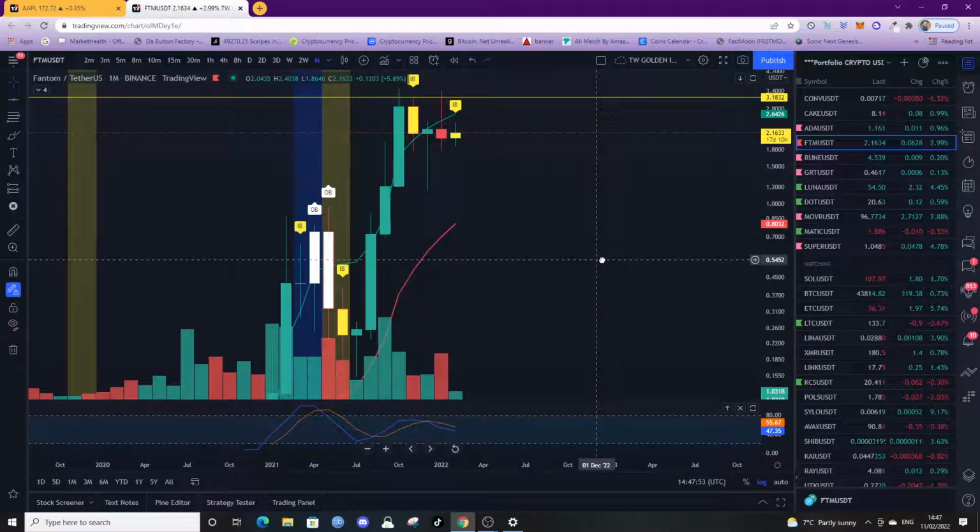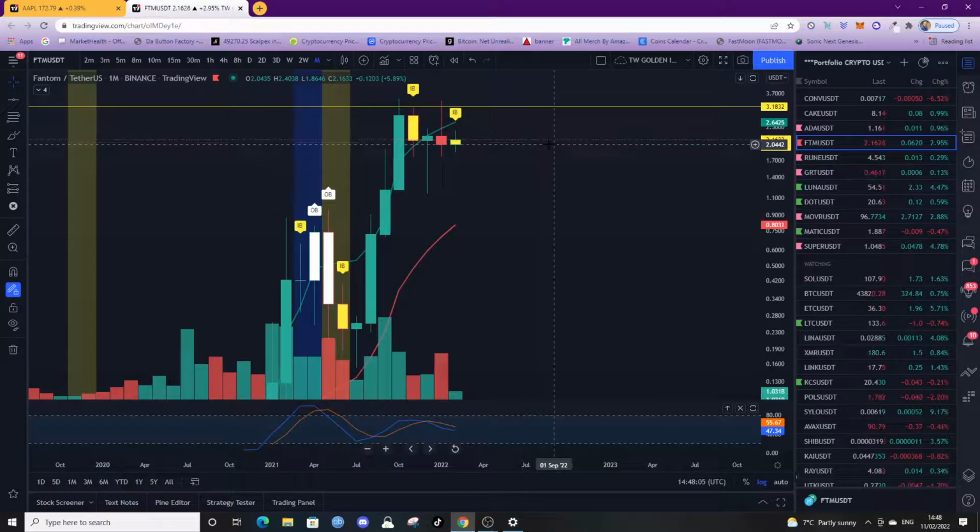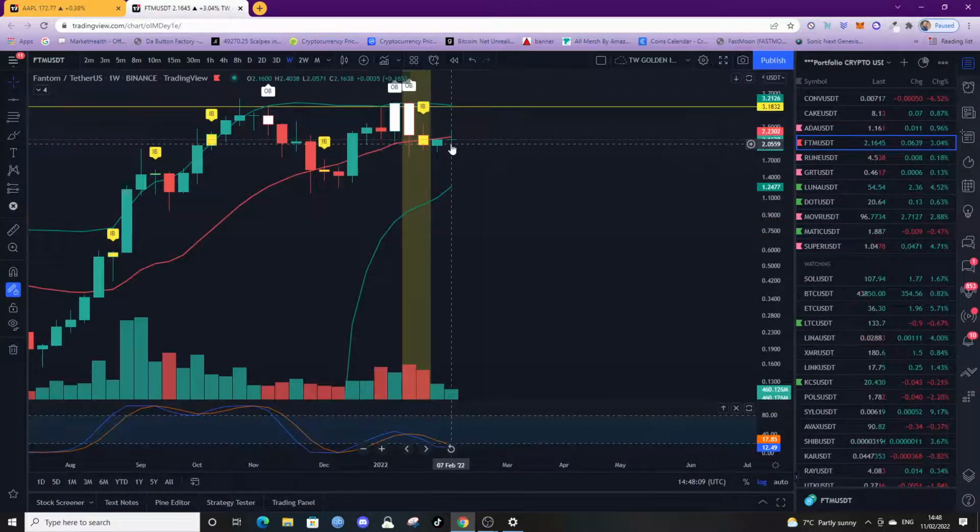And you've got the 20 EMA just floating around here. I would potentially target. So if we close, I mean, we've got 17 days on this candle yet. So nothing might happen. We might just stay around here for 17 days. But then if we go down to the weekly, we've got an inside bar here as well.